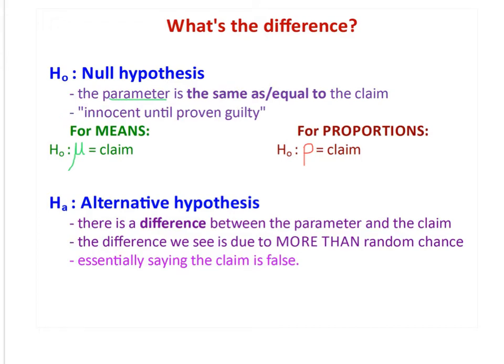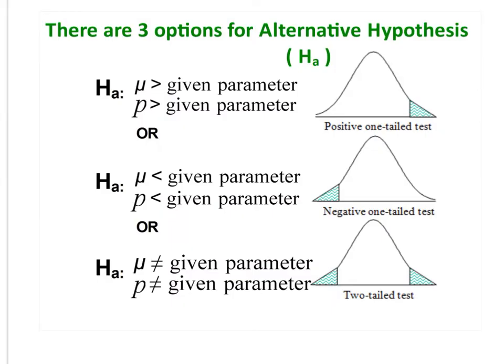That's the alternative. There are three types of alternative hypotheses, or three options. So the first option, and make sure you get all these notes down, everything on these slides is super important. The first alternative hypothesis is that we think the mean is greater than the claimed mean, or the proportion is greater than the claim.